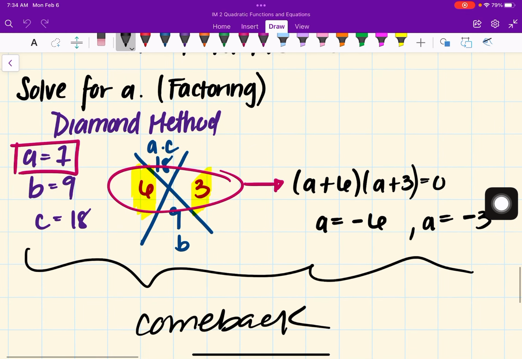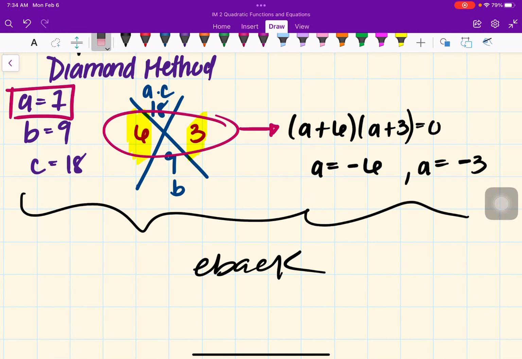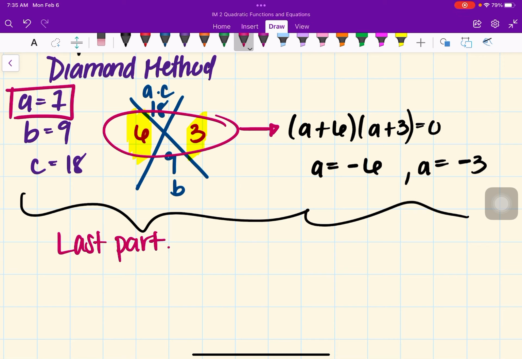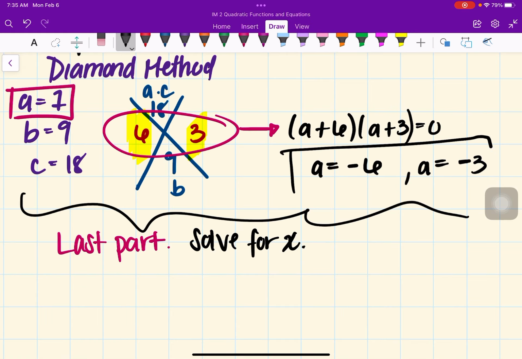Now, from here, I said we were going to come back to this. The last part is actually solving for x. Since the initial question was to solve for x, I need one of these two values.